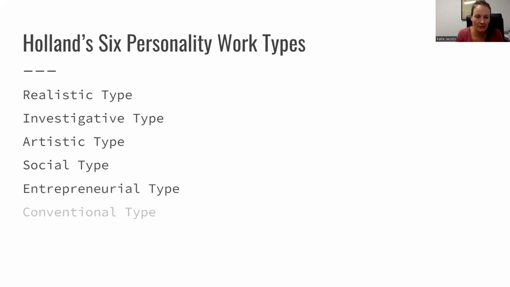There's six different ones: a realistic type, investigative type, artistic type, social type, entrepreneurial type, and conventional type. And all of these work together. After you take the inventory, you can read up more on your different types and reflect on that and determine, hey, what might you want to do with your life? You get to choose. So does it fit with what you're saying that you enjoy?